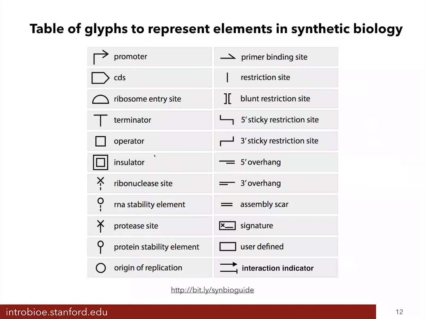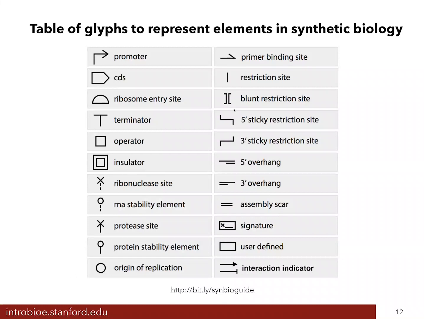There are also glyphs to represent primer binding sites when you're talking about amplifying specific segments of DNA. These are really helpful in allowing bioengineers to communicate with one another about what it is they've designed an organism to be able to do.